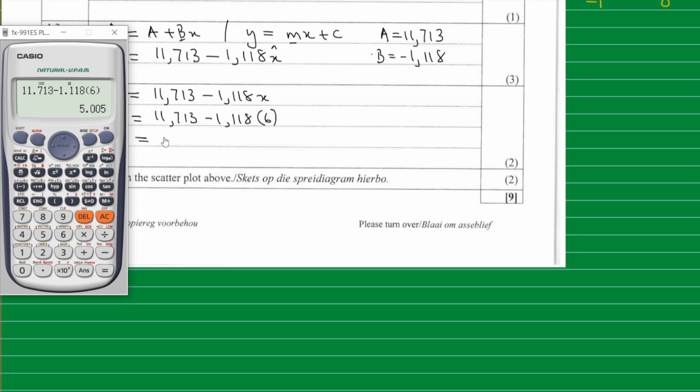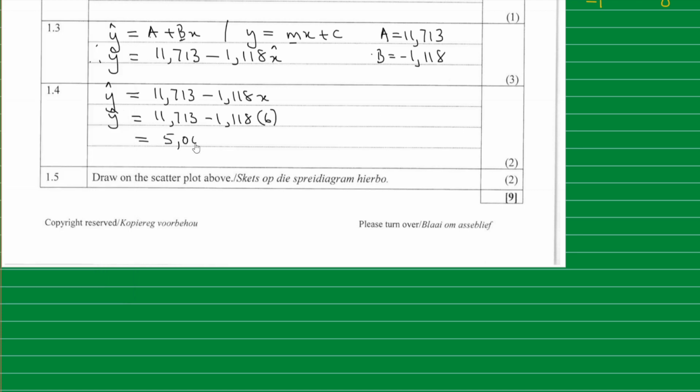So we can say the estimated number of times is 5. So we expect the number of times per week to be 5. So that's what we have.